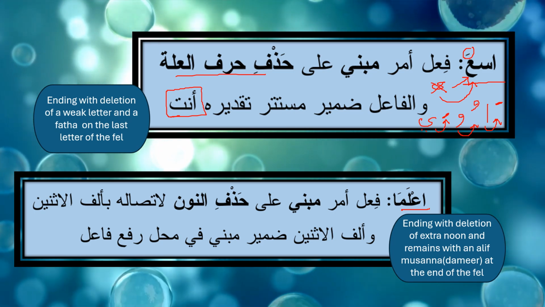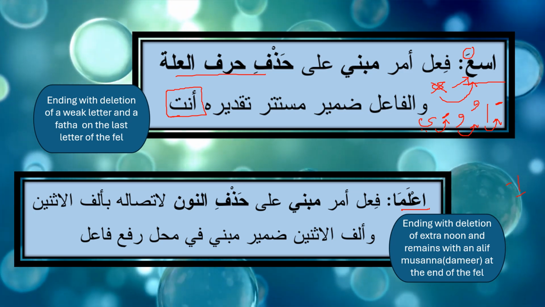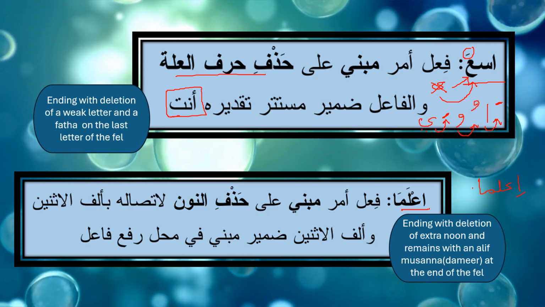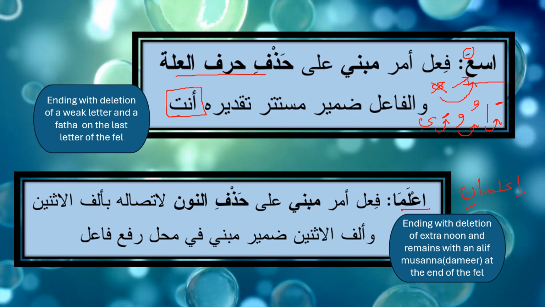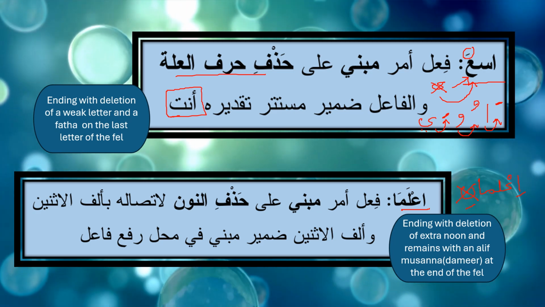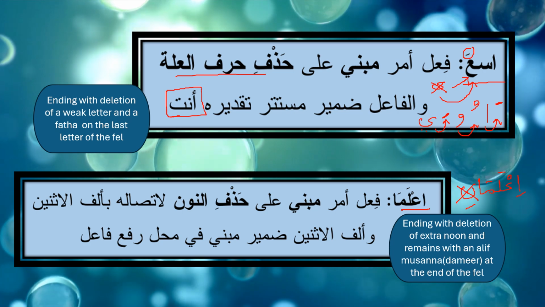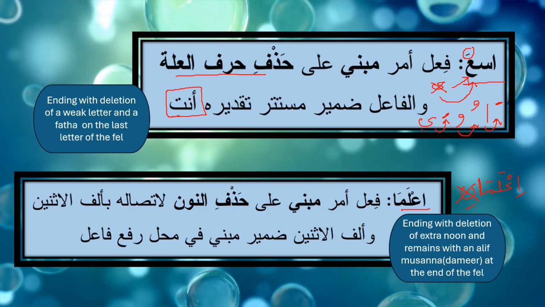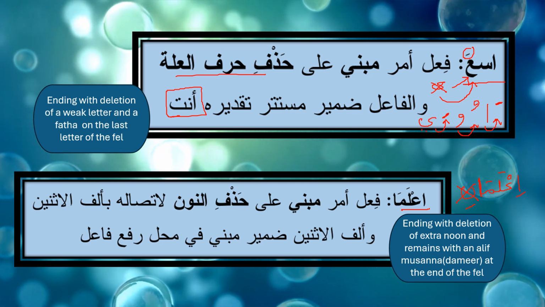A'lamani. The original is a'lamani. So in the case when we make it into a command, we delete the extra noon, and what remains? A'lama, meem with fatha, and the alif al-muthanna, this is the damir which is left off.